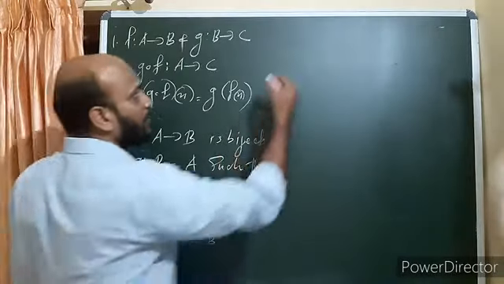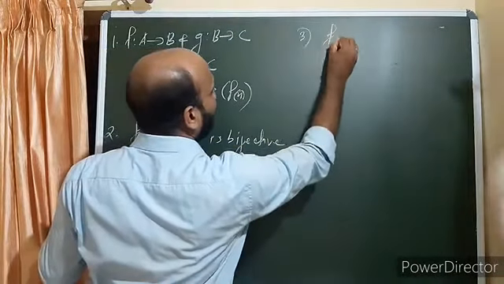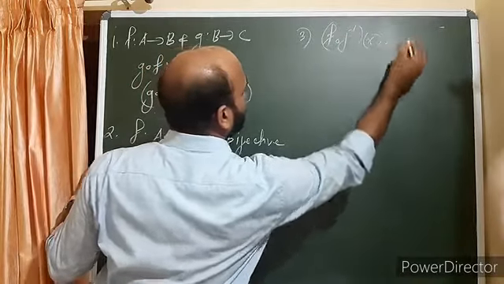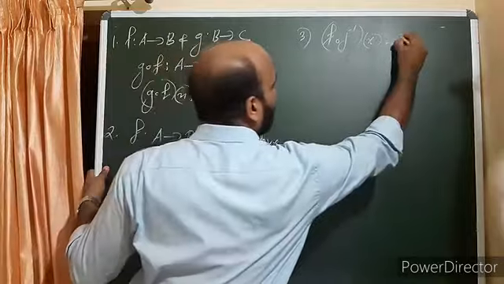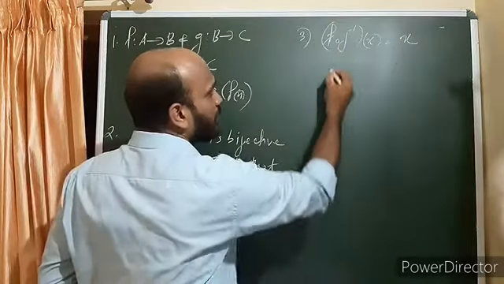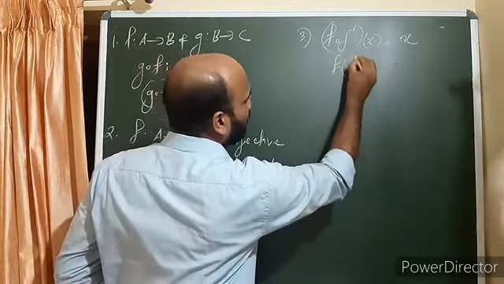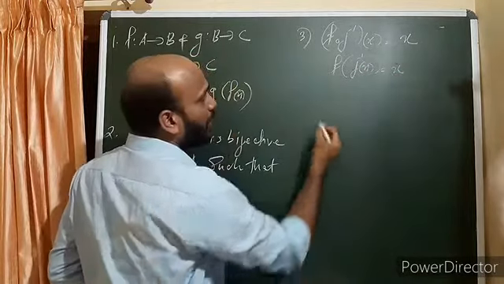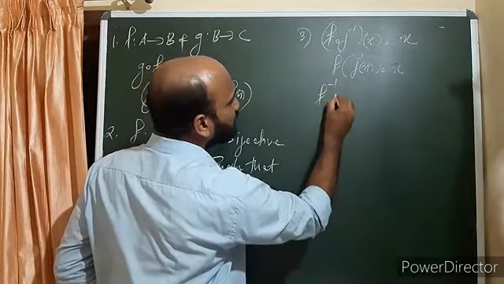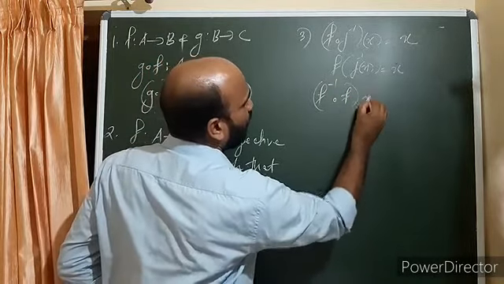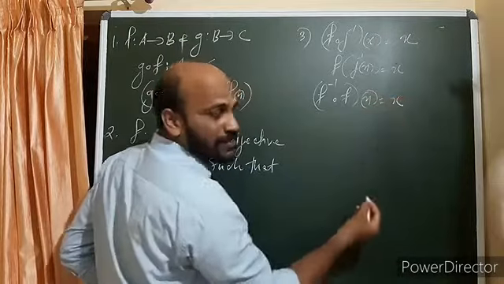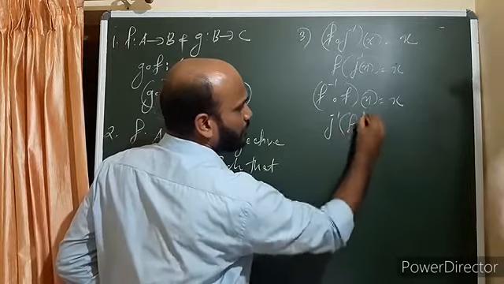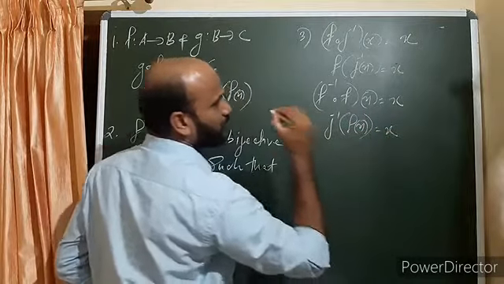Now the third point, f of f inverse of x will always be equal to x. That means f(f inverse(x)) will be x and f inverse(f(x)) equal to x.